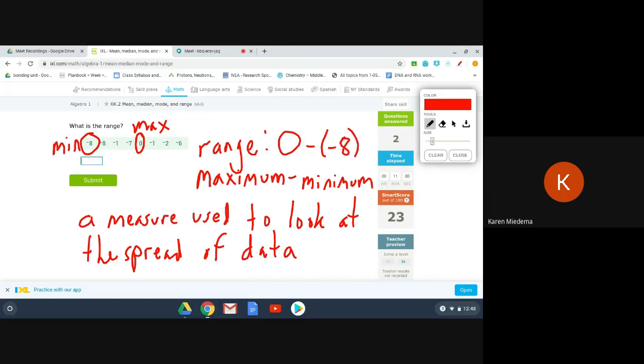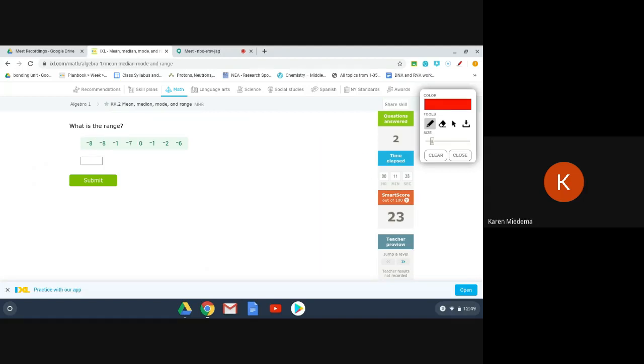Look at what happens when you have 0 minus a -8. 0, minus a negative becomes plus 8. 0 plus 8 is just +8. So the range of this data set is 8.